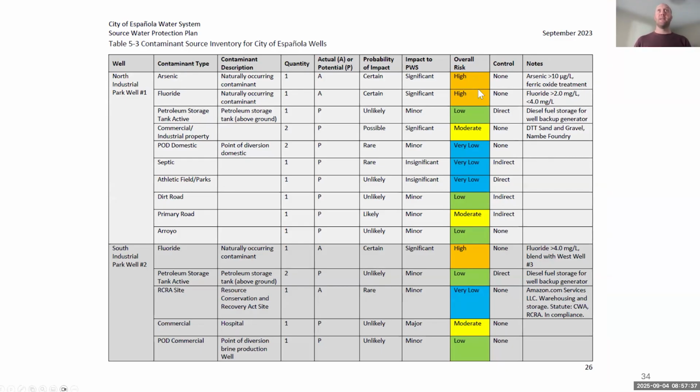What is the risk for that well? For this one, quite high. So the idea is that you can go through this with all your different sources and gauge the likelihood of contamination and how to best protect them.